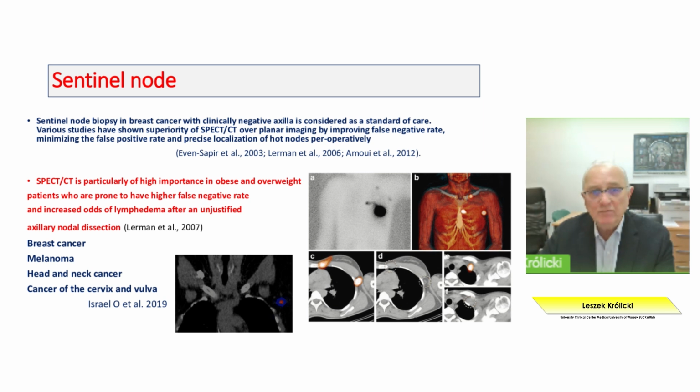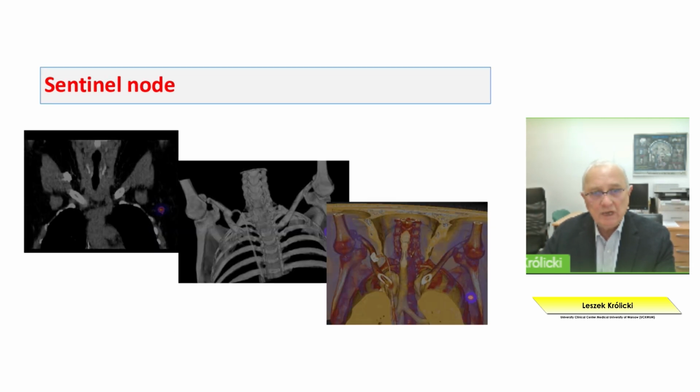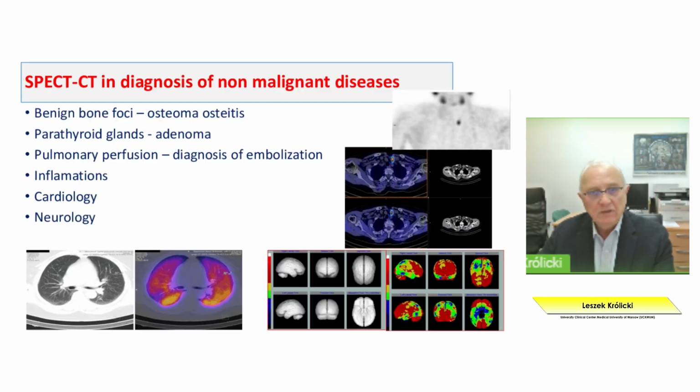Here you can see that the sentinel node can be located in very different locations in the organism, and here you can see the images that show sentinel nodes. And a surgeon can really very precisely locate the node when he or she has such an image.